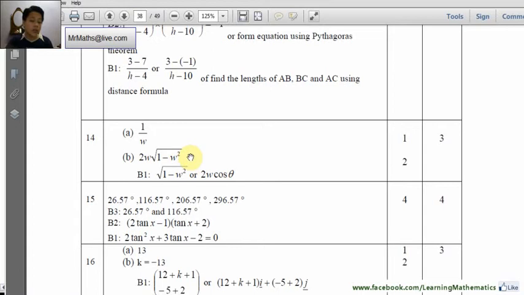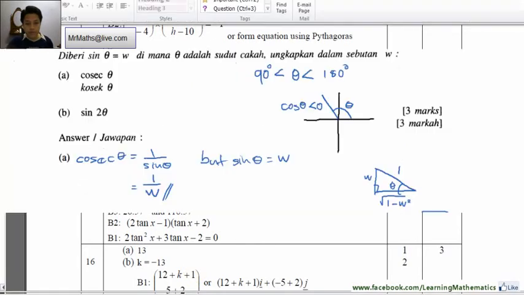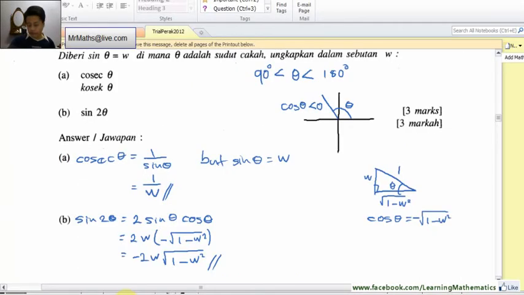It should be a negative value. Why? Because theta is in the second quadrant of the Cartesian plane, so cos theta should be a negative value. There you have it. So that's the answer. Let's move on to the next question.